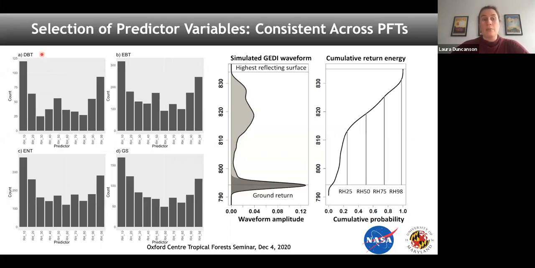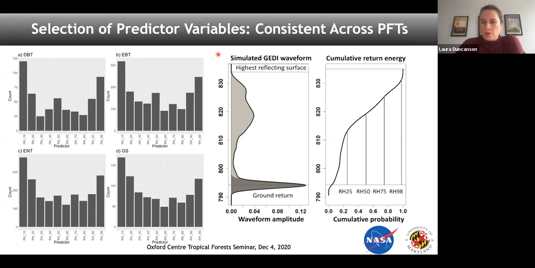Across the 4 broad plant functional types, we're seeing similar waveform metrics being selected: maximum height and something about the bottom of the waveform, RH10, which is highly sensitive to canopy cover, almost a proxy for canopy cover. Those are selected regardless of plant functional type, so it does seem fairly consistent across these PFTs. In general, you're getting max height and something like RH10 or RH20 selected as predictors.